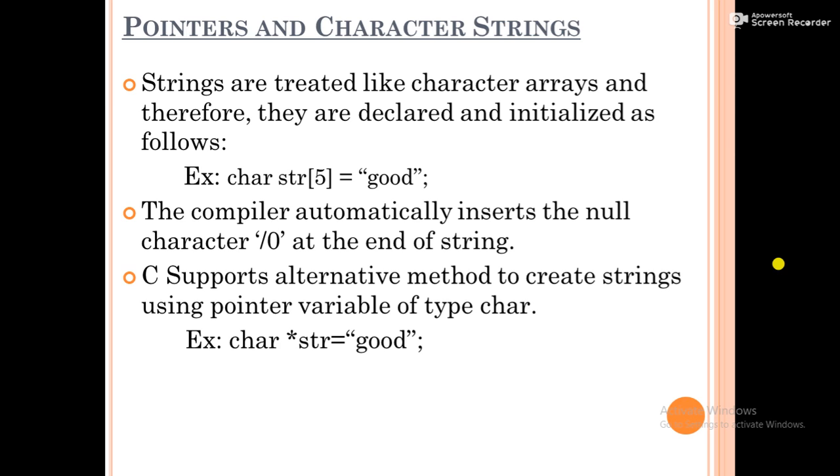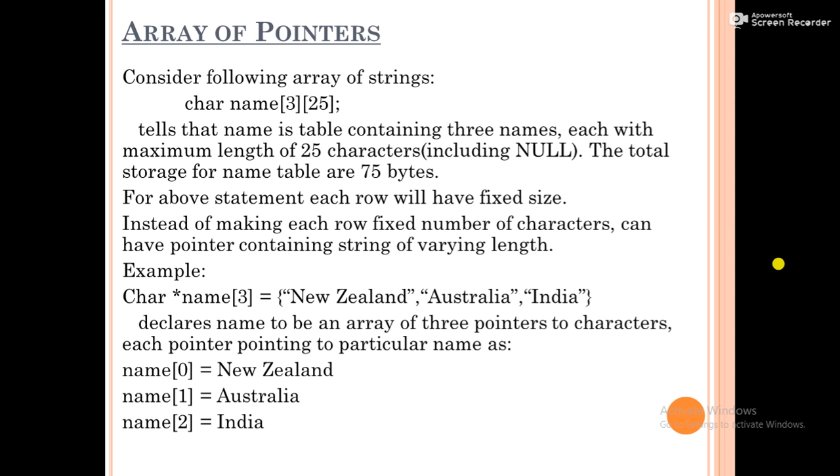If we declare that character variable using a pointer, memory will be created only for as much data as is there. So this is the main advantage of pointers: it reduces the memory usage.